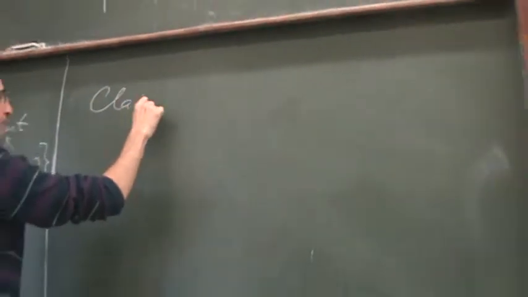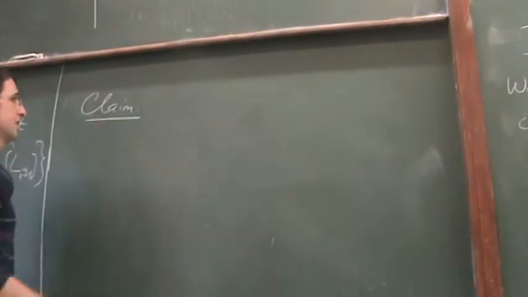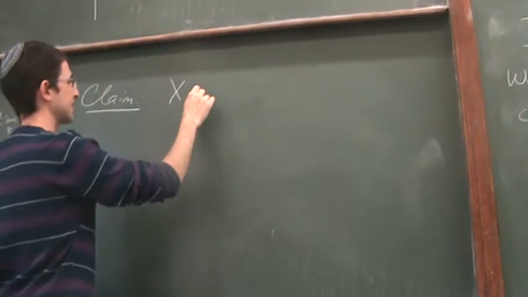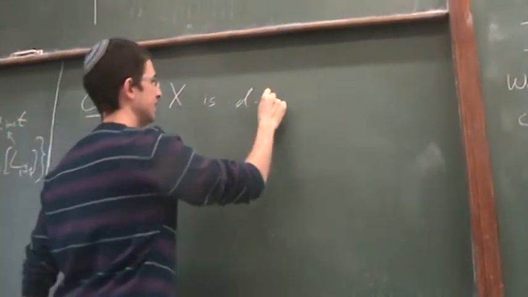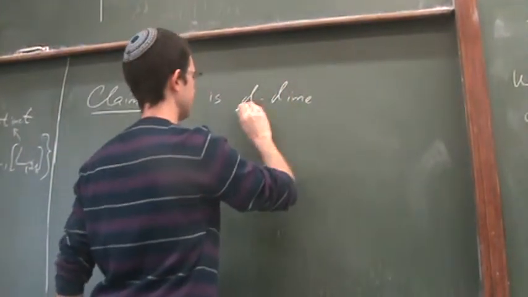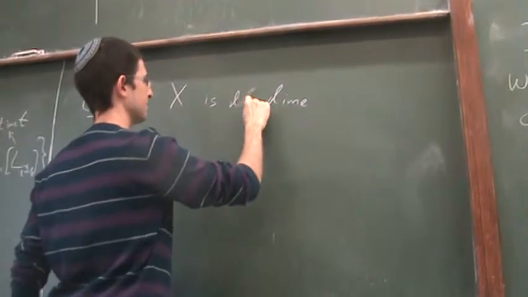Okay. So claim: X is d-dimensional. Sorry, d minus 1 dimensional.